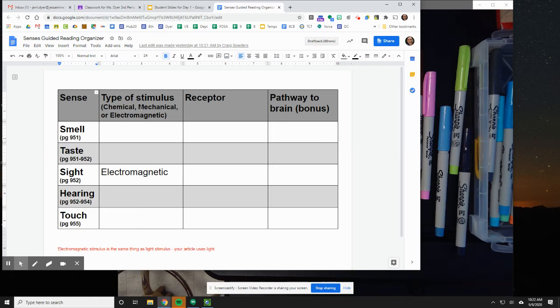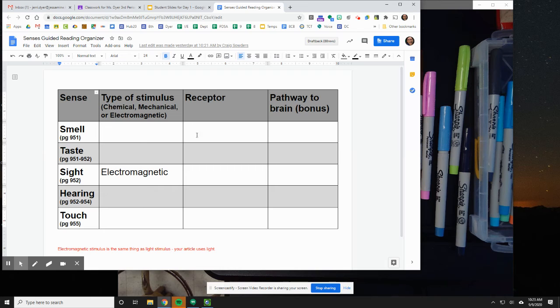So what type of stimulus would smell recognize? What type of stimulus would taste recognize? Sight is listed as light in your reading. So remember from the notes that is an electromagnetic stimulus. So you're going to go through here and find what type of stimulus each of these senses takes in.